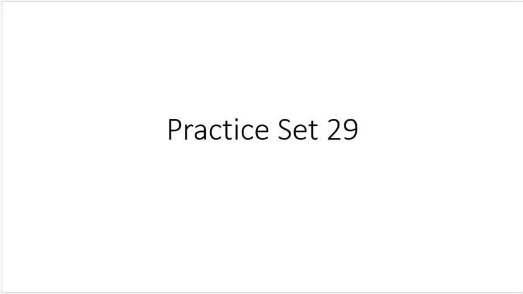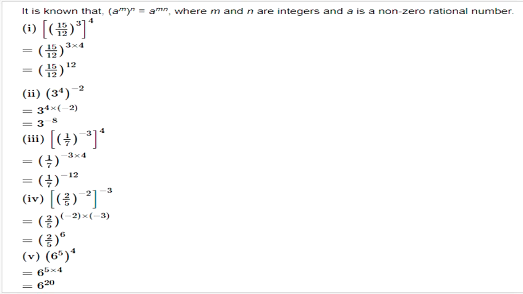Practice set 29. Sum number 1. Simplify. It is known that a raised to m, raised to n, is equal to a raised to m into n, where m and n are integers and a is a non-zero rational number.